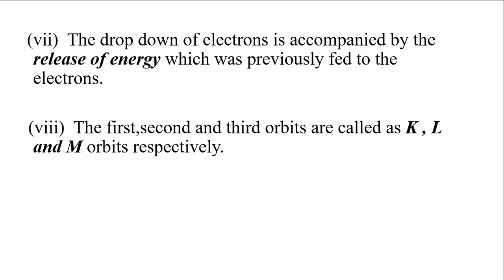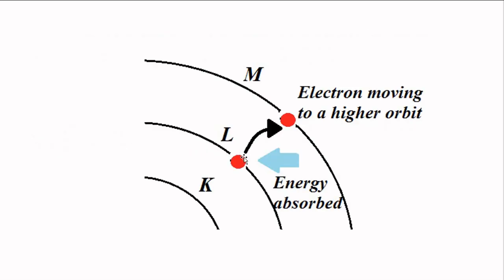So for the transition of an electron from a lower orbit to a higher orbit, energy has to be absorbed, it has to be fed to that electron. But when it goes to a higher orbit, it cannot remain in that state for an indefinite period of time. After a certain fixed interval of time, it drops back to its original state.